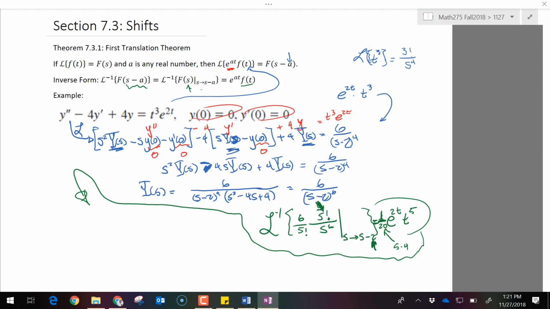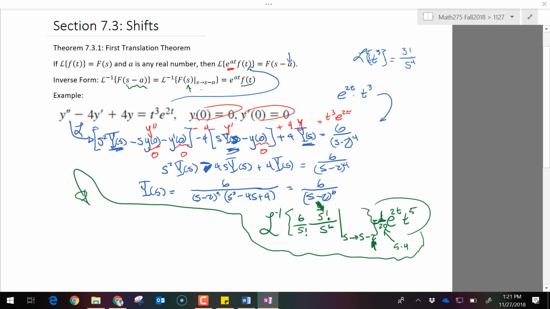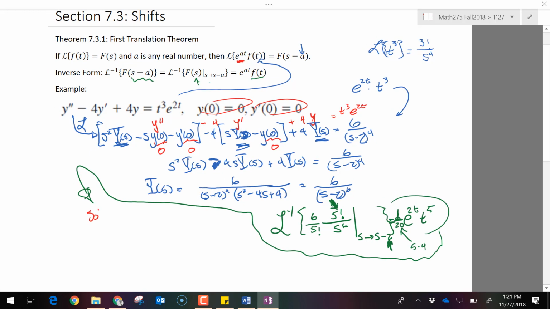I'm doing the shift by writing it with this vertical bar, S goes into S. So that's it. Not bad, huh?